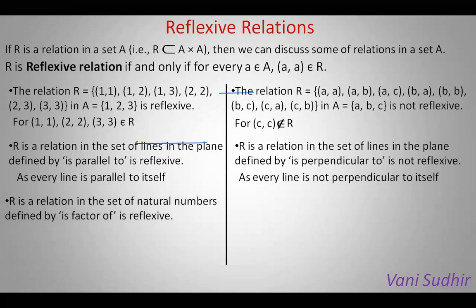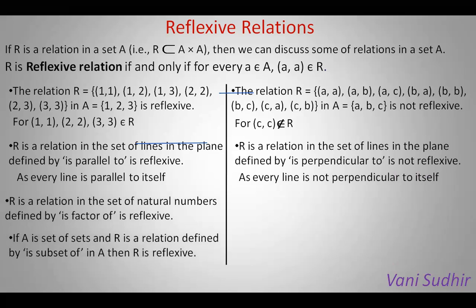If you take is a factor of, every number is a factor of itself, therefore is a factor of is reflexive. And is a subset of also: every set is a subset of itself, so is a subset of is also reflexive.